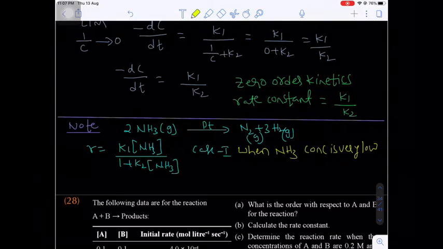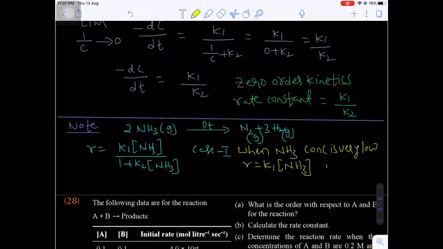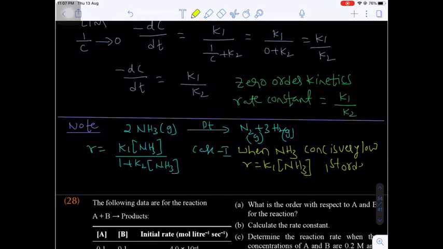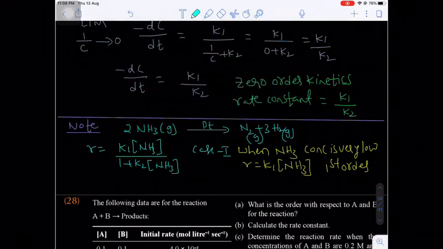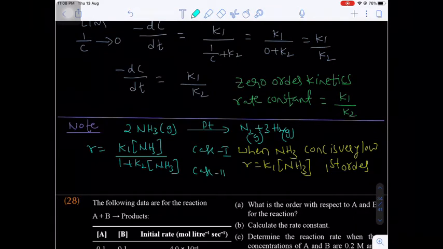So you finally get the rate expression R equal to K1 times ammonia. That means it is first order kinetics and the rate constant will be K1. Now come to case 2.